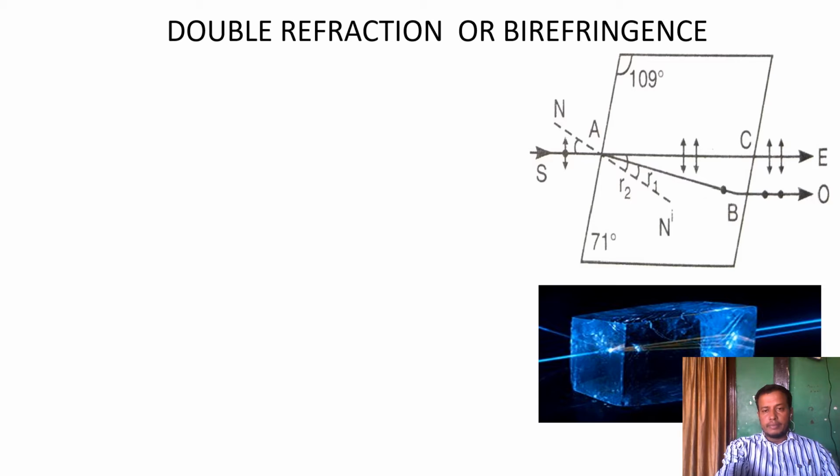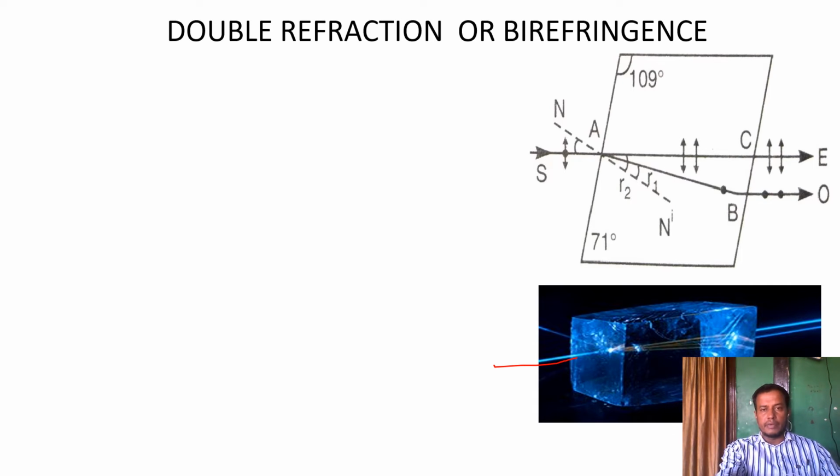When the light hits the calcite crystal, you see two lines inside the crystal, and two lines come out after crossing the crystal.